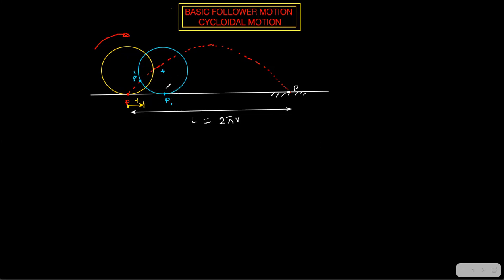The total value is, for example, this disc has rotated for an angle of theta, from the initial position, P to P prime. Can anyone tell me the value of this length?